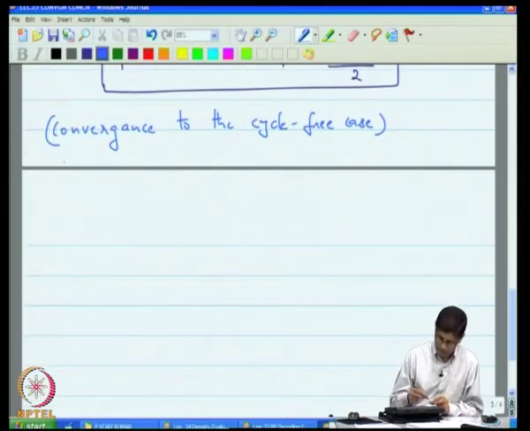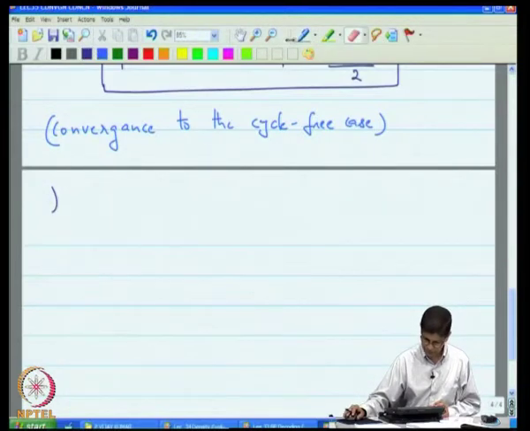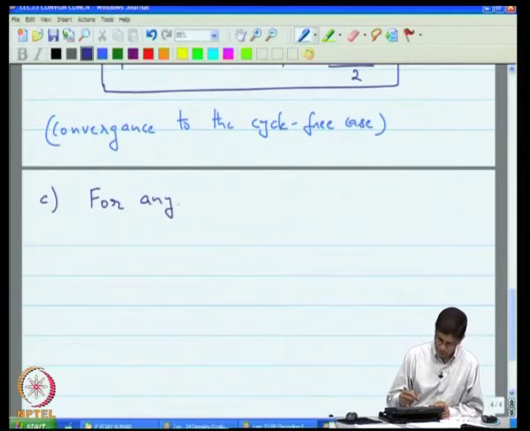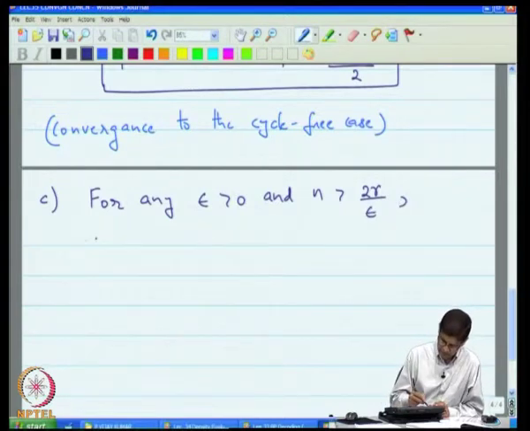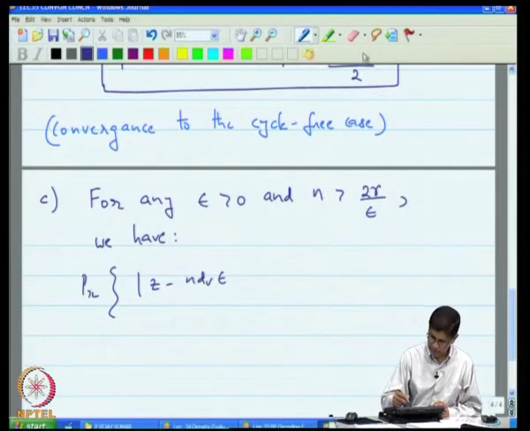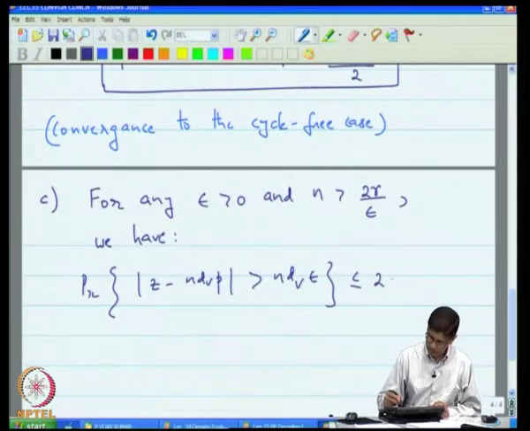And finally, we have C. For any epsilon greater than 0 and n greater than 2 gamma by epsilon, we have the probability that |Z minus n d_v p| is greater than n d_v epsilon is less than or equal to 2 times e to the minus beta epsilon squared n.